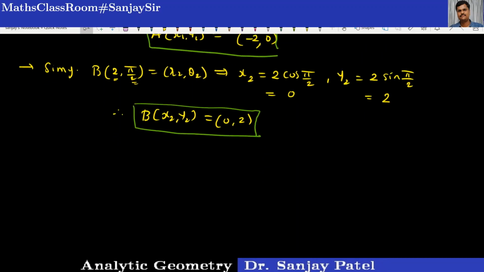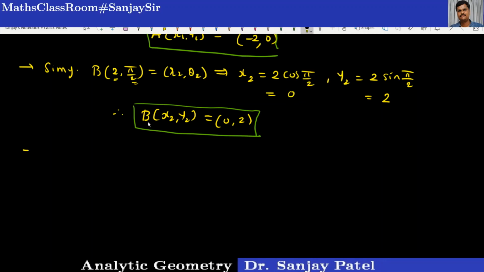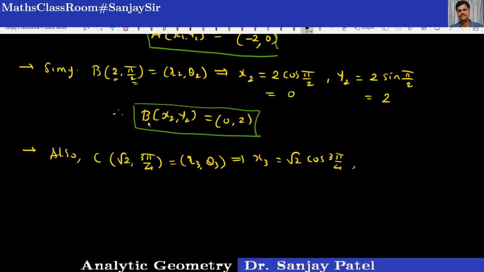The Cartesian coordinates of the third point, for the point C, the polar coordinates are root 2 and 3 pi by 4, which is r3, theta 3. So I will get x3 is equal to root 2 cos 3 pi by 4 and y3 is equal to root 2 sin 3 pi by 4.